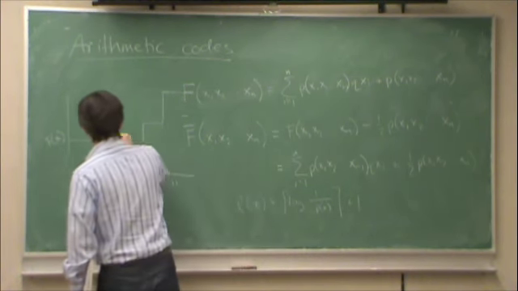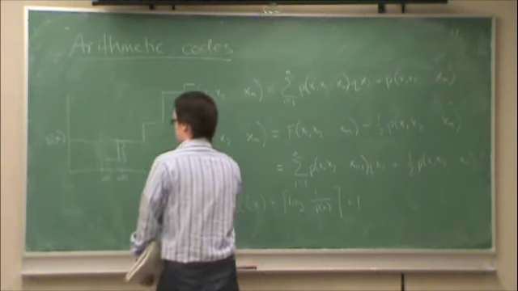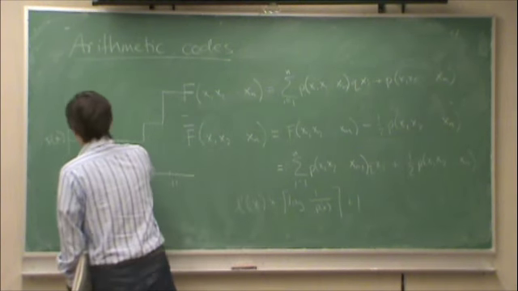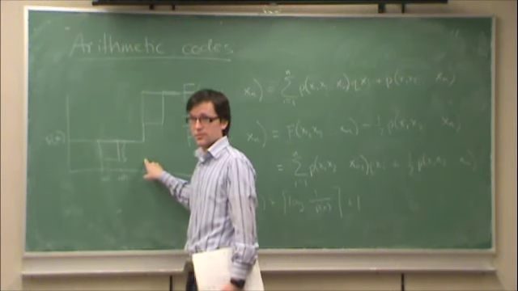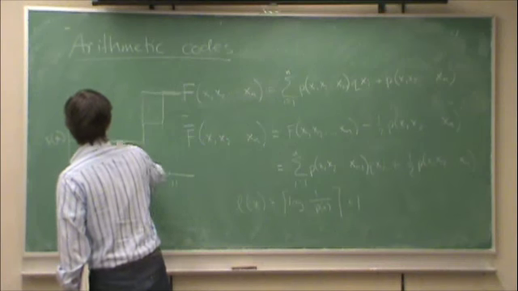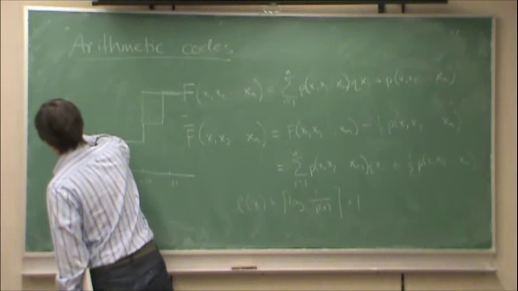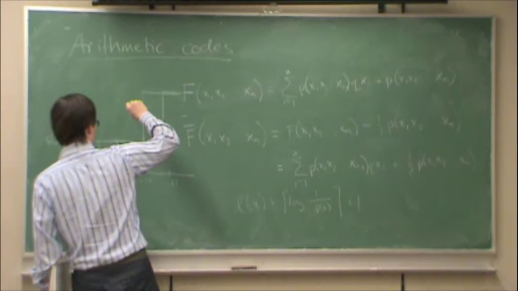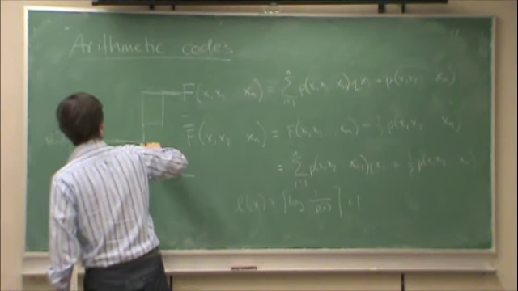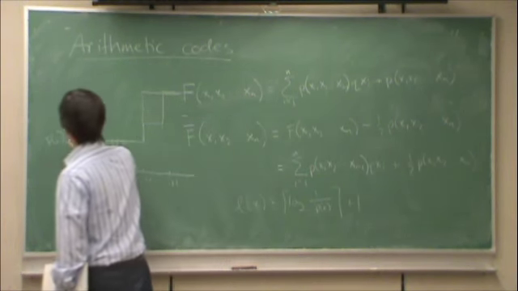And for each of these intervals, actually it's better to look at this starting from the main one going to the second one. So this line here is F of 0.1, that's right.